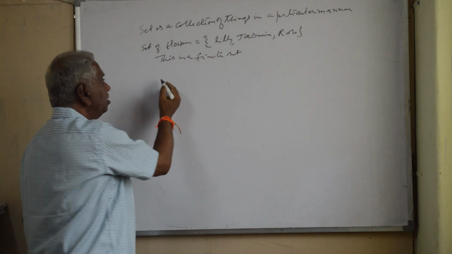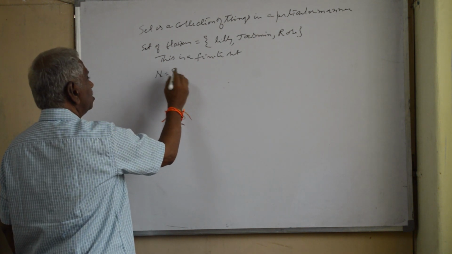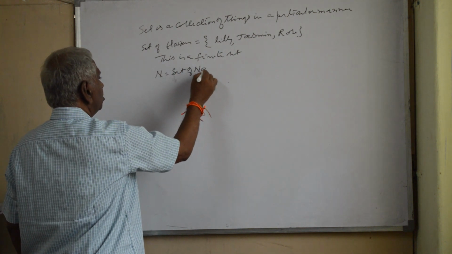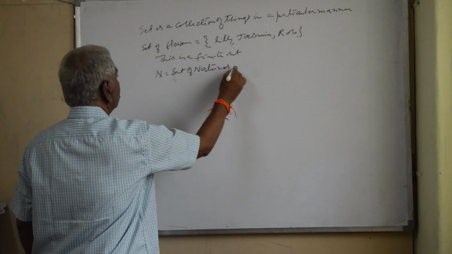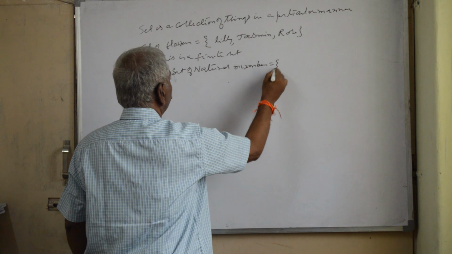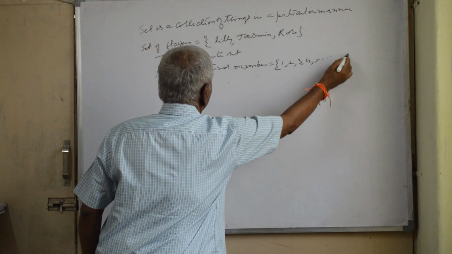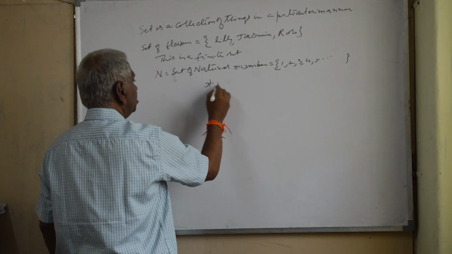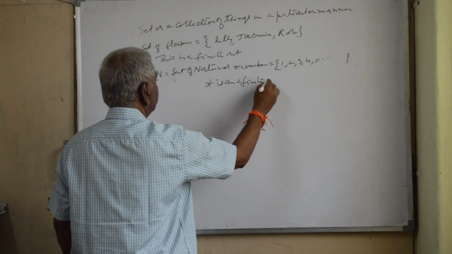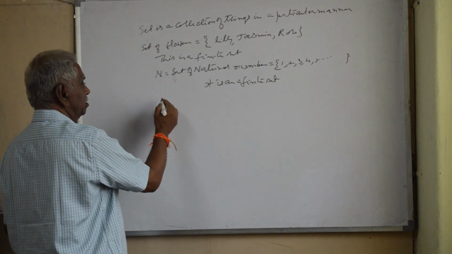And next, N, set of natural numbers. It is equal to 1, 2, 3, 4, 5, etc. It is an infinite set because it has uncountable numbers.